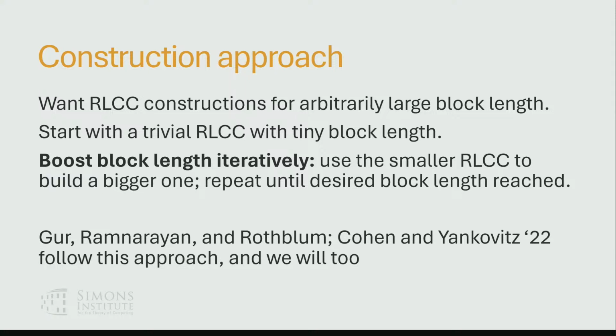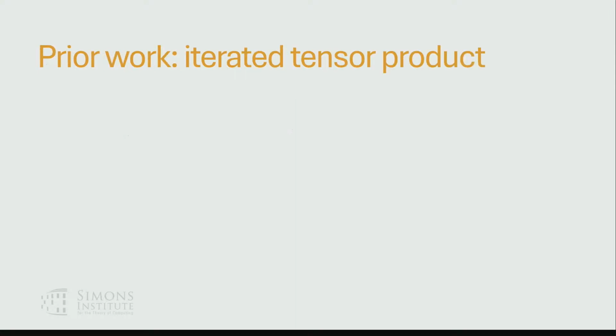Now I want to say a little bit about how the previous works work and how ours is able to get past the barriers that they have. I'm going to focus on the Gur, Ramnarayan, Rothblum construction, which uses the iterated tensor product.